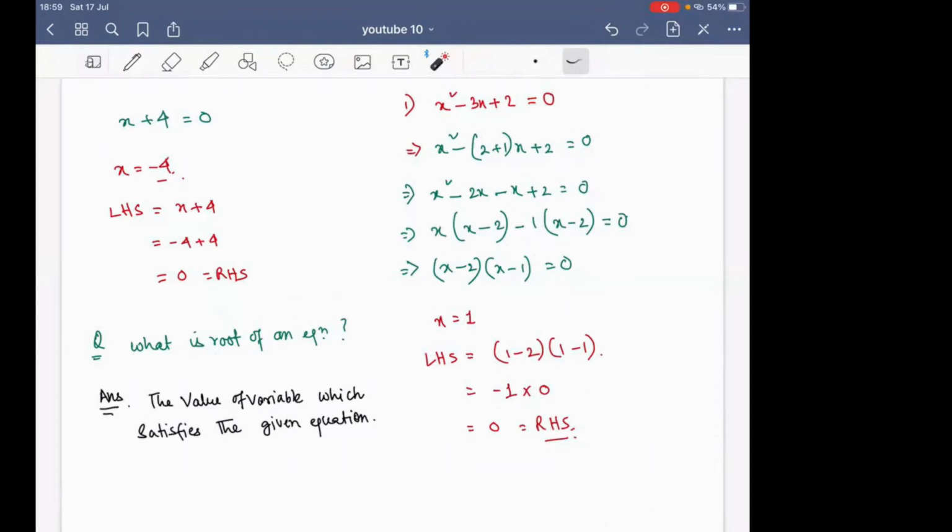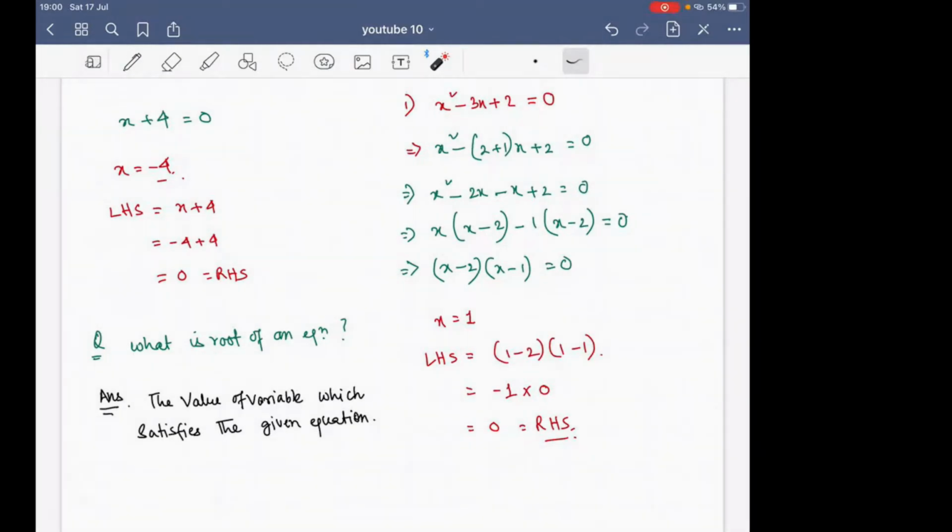Now we get another value of the variable, x is equal to 1, that satisfies this equation. It also satisfies this equation, right? So this is also a root. So how many roots do we get for a quadratic equation? We get x is equal to 1. We also get x is equal to 2, right?